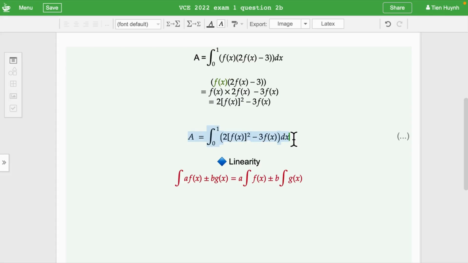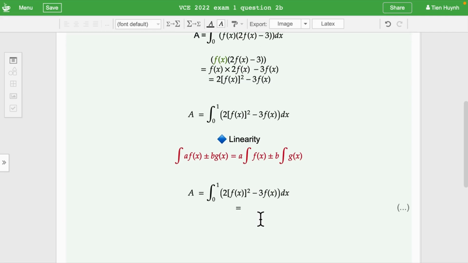So our A will become 2 times the definite integral from 0 to 1 of f(x) squared. Don't forget the dx.